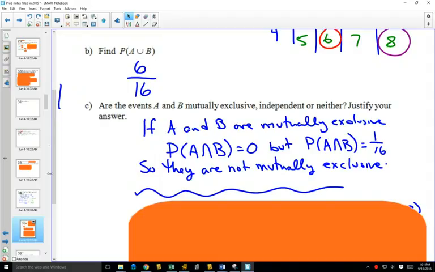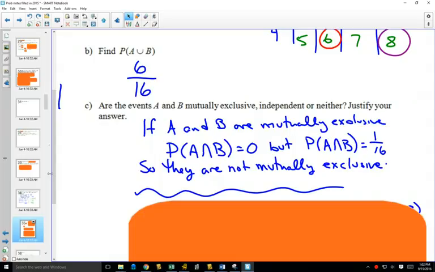Now, most of the time for independent events, we look at one thing happening first and then something happening after, and that second event isn't affected by that first event. But the definition for an independent event just has to follow that the probability of A and B is equal to the probability of A times the probability of B. So there are cases where only one thing has happened like this, and it still could be independent.